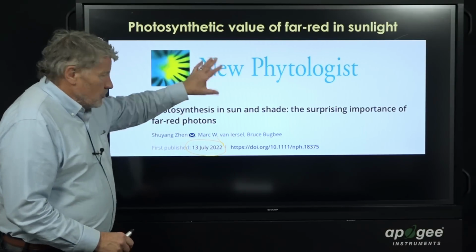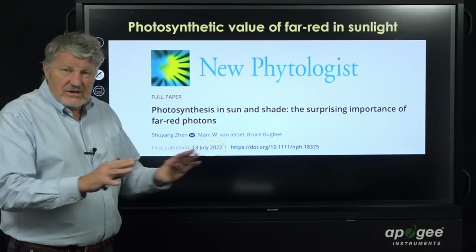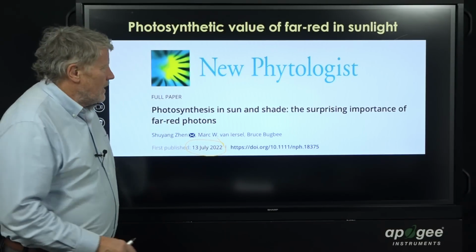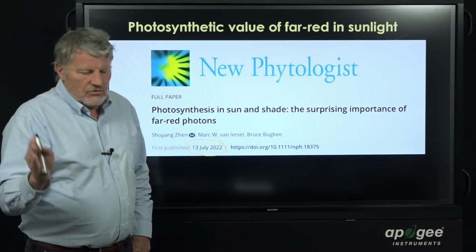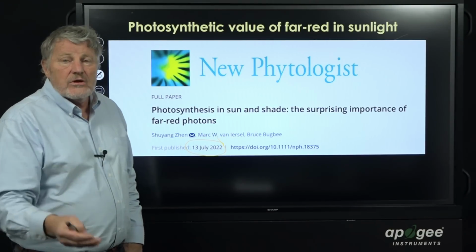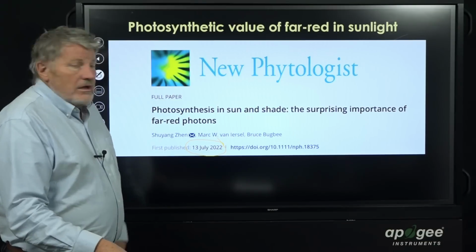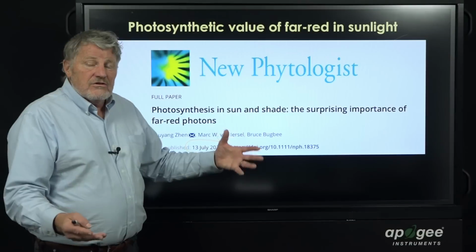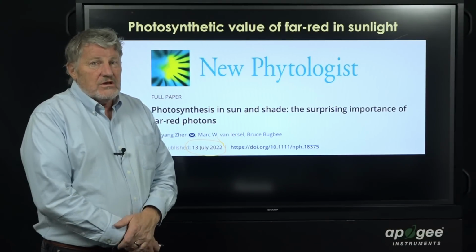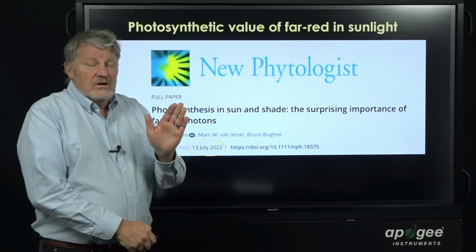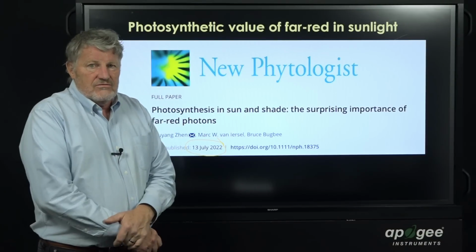So I refer you to this paper for the details of how we did the work. We got a lot of excellent reviews from some prestigious photobiologists in this, and they were very appreciative of our work. So the collective body of evidence indicates that we need to be counting photons from 700 to 750.